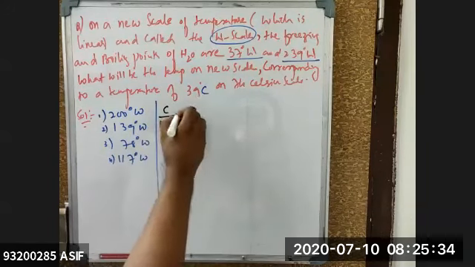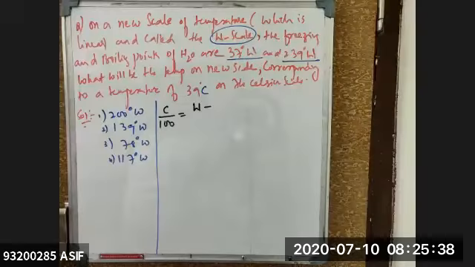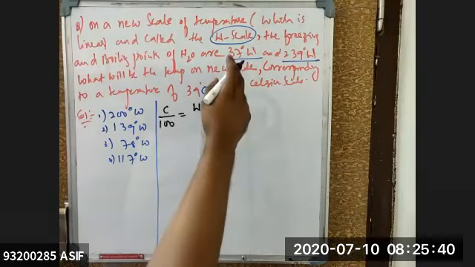C by 100 is equal to W minus the lower point. What is the lower point? 37.